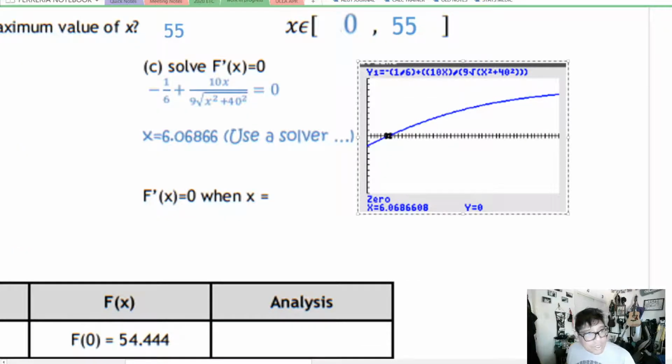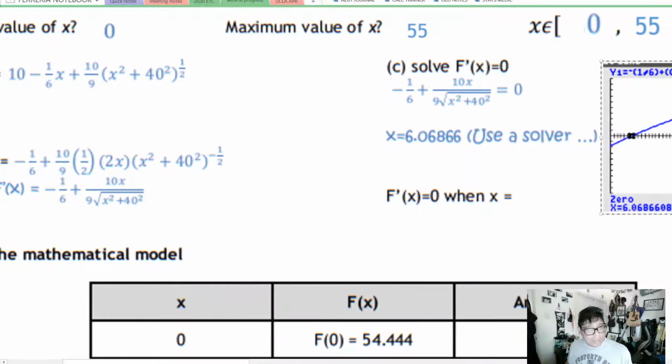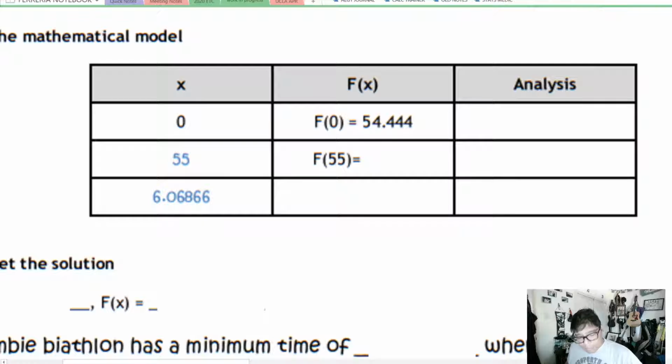So we have this 6.06866. It says use a solver. I used the graphical method, of course, which is a way of solving things. But basically use some kind of tool to solve this for you. That's what your calculator's for.